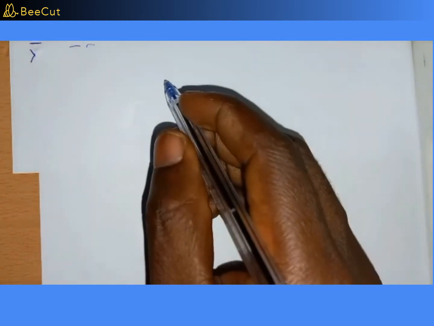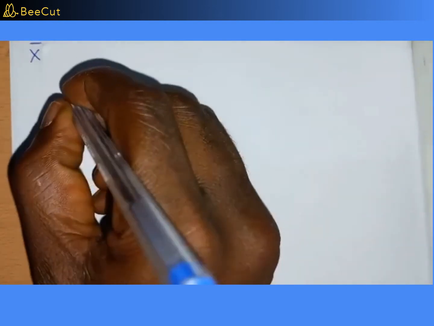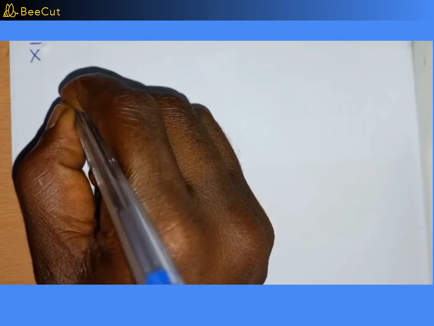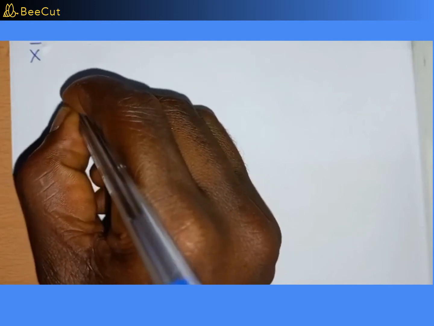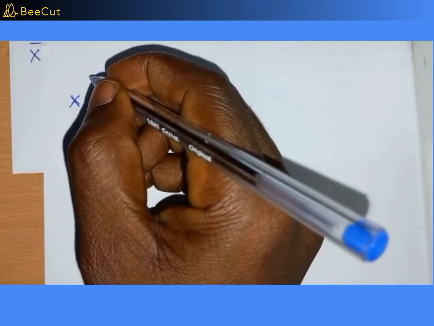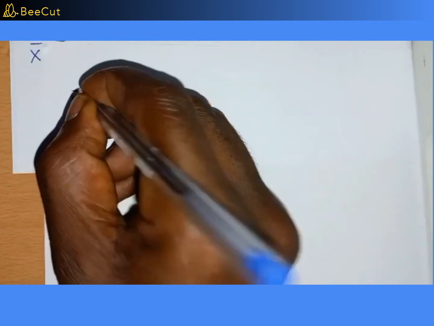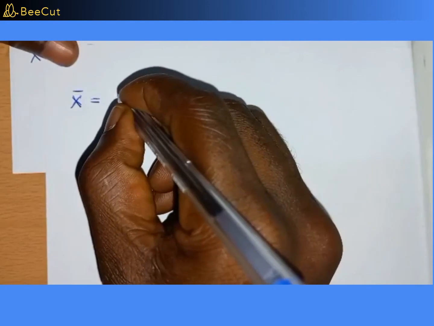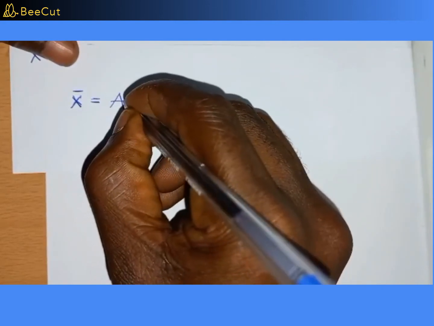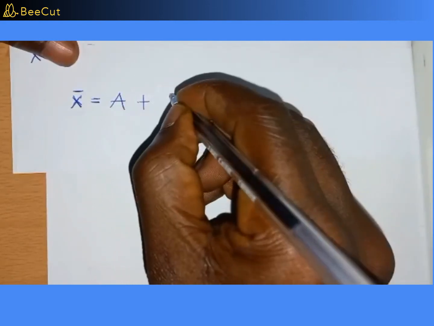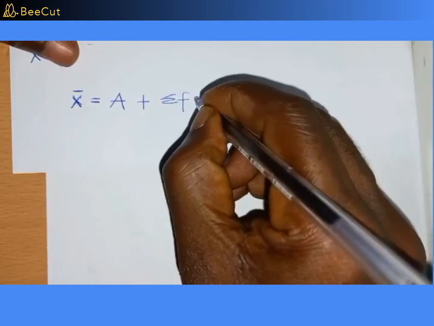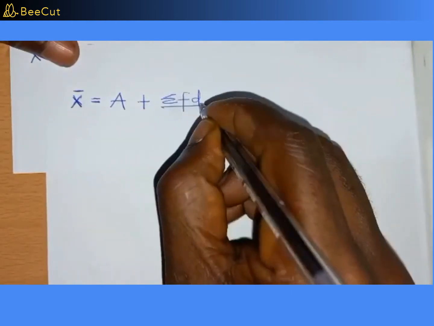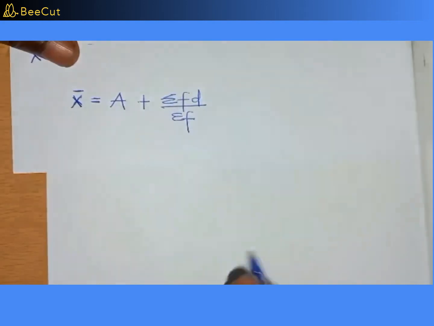The formula is x bar, which is our mean, is equal to a, the assumed mean, plus sigma fd all over sigma f.